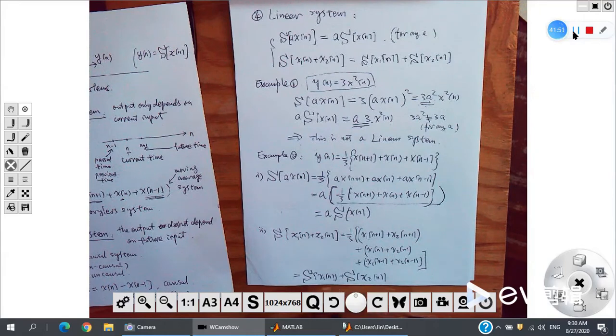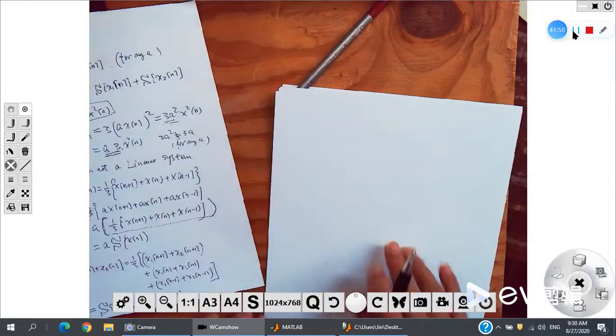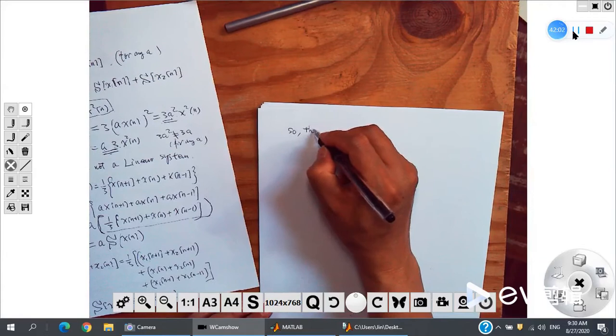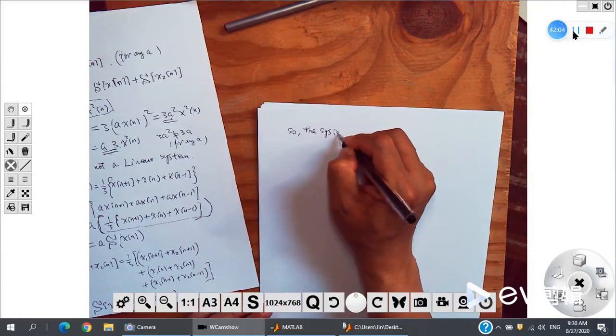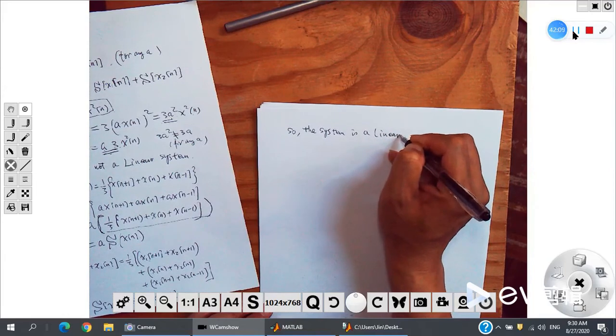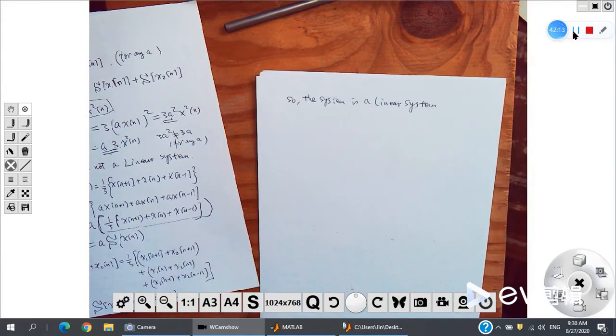So it is this one. Alright, by these two, the system is a linear system.